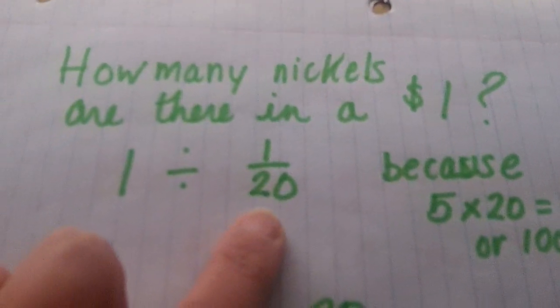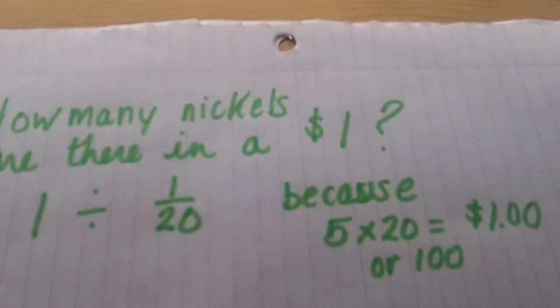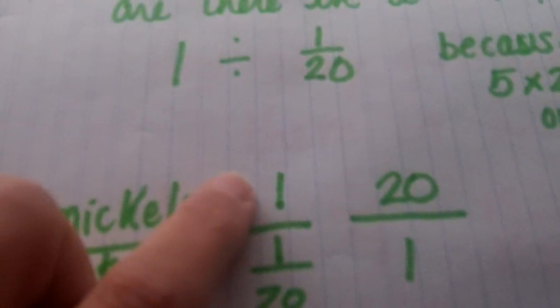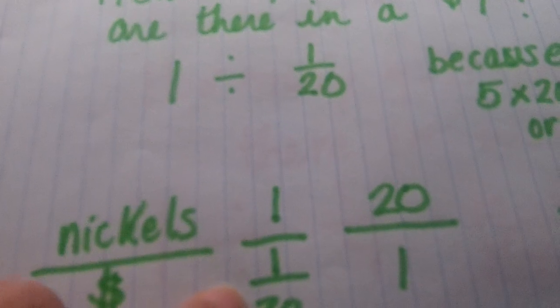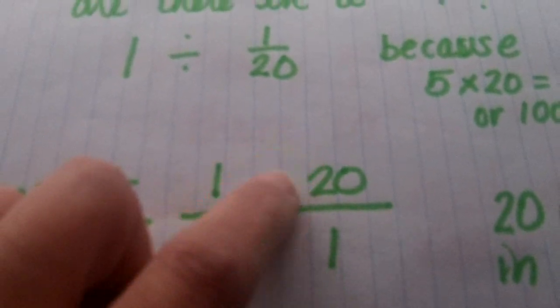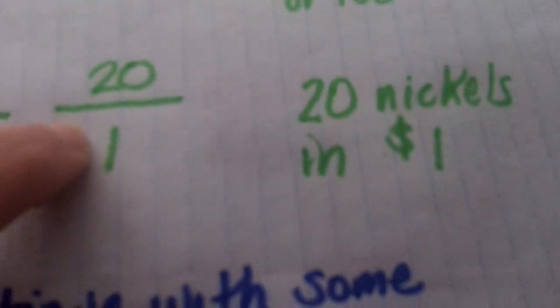So that's how I figured out my denominator of 20. My setup would be nickels to a dollar. I would have one nickel, which would be a 20th of a dollar, so I would need 20 nickels in order to equal a dollar.